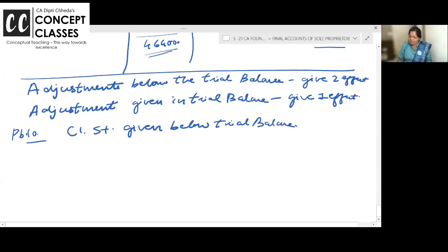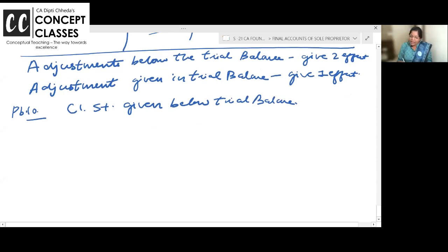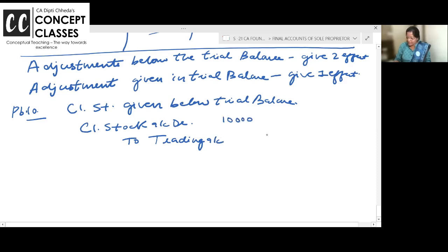If closing stock is given below the trial balance, what entry will you pass? Closing stock account debit, trading account credit, 10,000, 10,000.